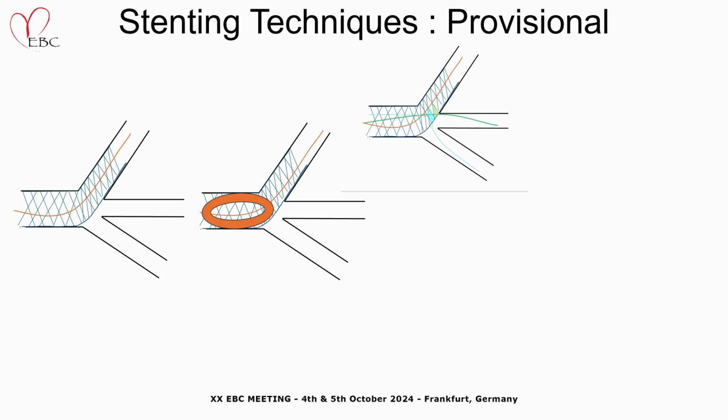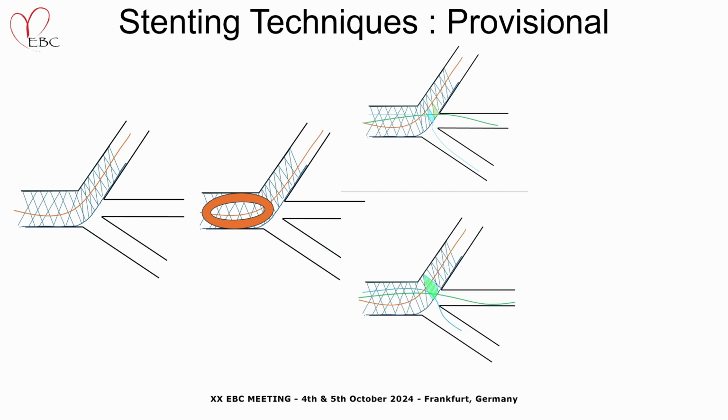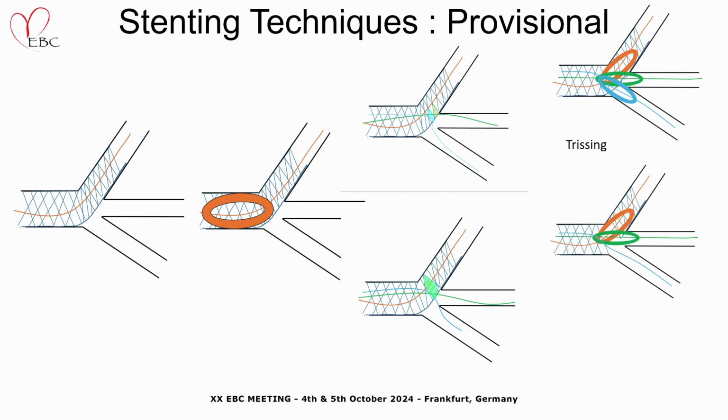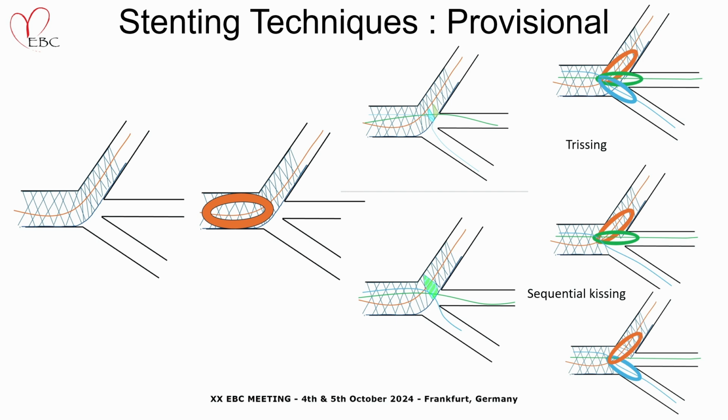The first is to rewire through 2 different cells, neighboring cells, as distal as possible. The other is to try to rewire through the same cell. And then there are 2 scenarios. One would perform a tracing, and the second would perform sequential kissing.